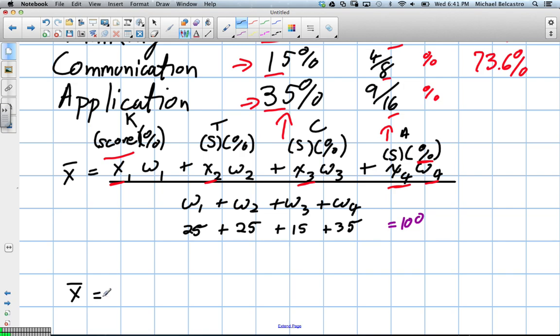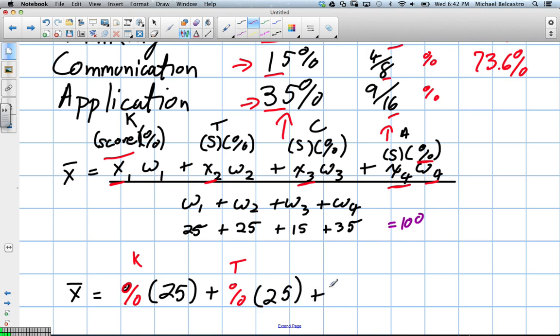X bar is equal to, okay, so our first, now this is technically the score, so I'll put it as a red percentage. So the percentage in knowledge, what do we get out of knowledge, times our 25, plus the percentage we got on thinking times the weighting, 25 for thinking, right?